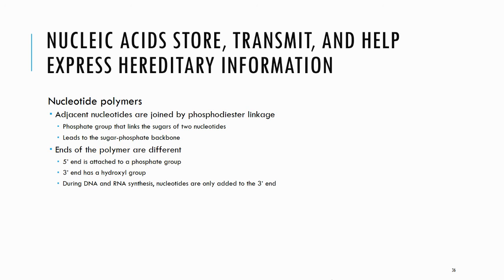DNA does have a direction. The 5' end is what is attached to the phosphate group, and the 3' end has a hydroxyl group. During DNA and RNA synthesis, nucleotides are only added to the 3' end, which does lead to some problems, but we will talk more about those when we get to DNA replication later in the year.